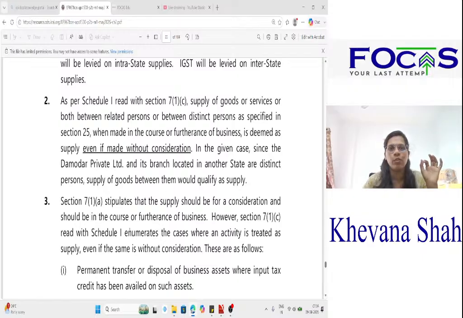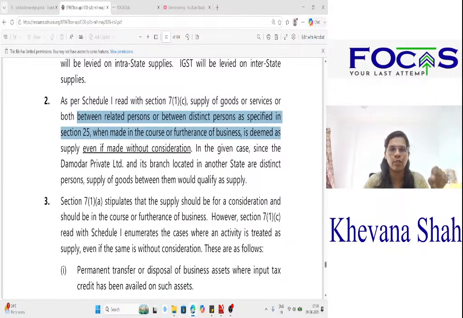So see the answer. As per Schedule 1, read with Section 7(1)(c), supply of goods or services or both between related persons or between distinct persons as specified in Section 25 when made in the course or furtherance of business is deemed as supply even if made without consideration.